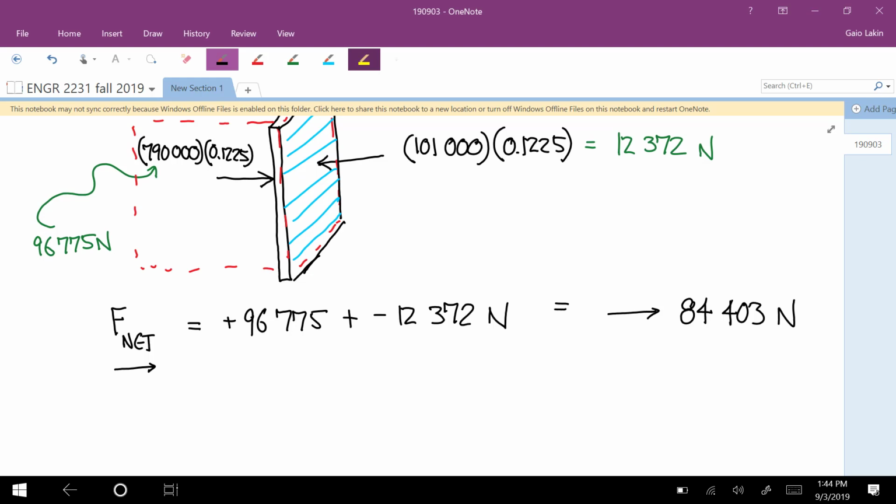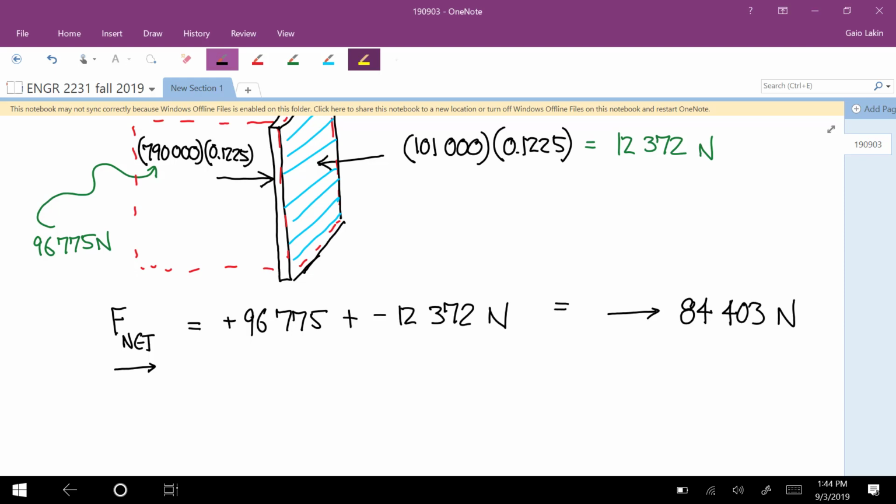What's that equivalent to? Think of that as the weight force of about 8,000 kilograms, which is close to 20,000 pounds. So each face on that box has a net outward force of 20,000 pounds trying to explode this box.